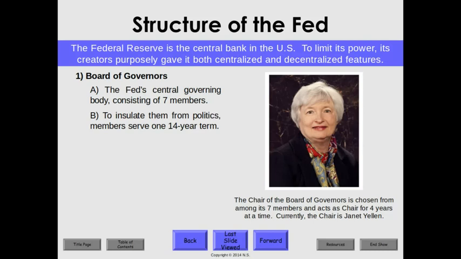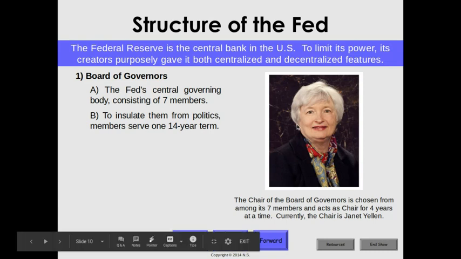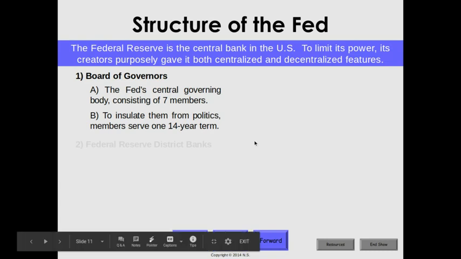They want these people to hopefully rule based off of sound logic and doing what's in the best interest of the American people. And if they're worrying about getting reelected, then they're likely to be more partisan in their decisions. Remember, the current chairman of the Fed is not Ms. Yellen. It's a guy named Jerome Powell.